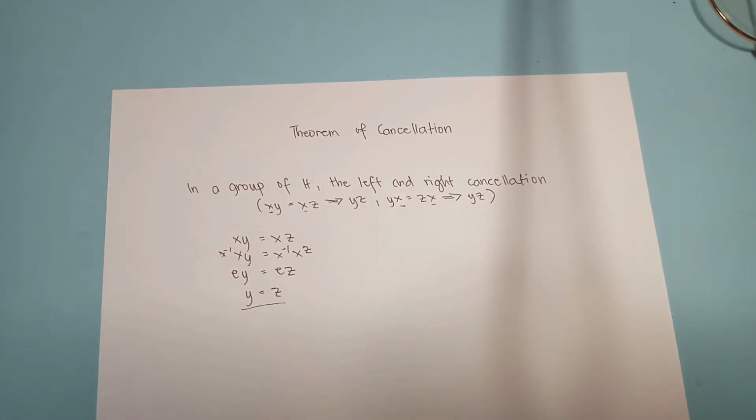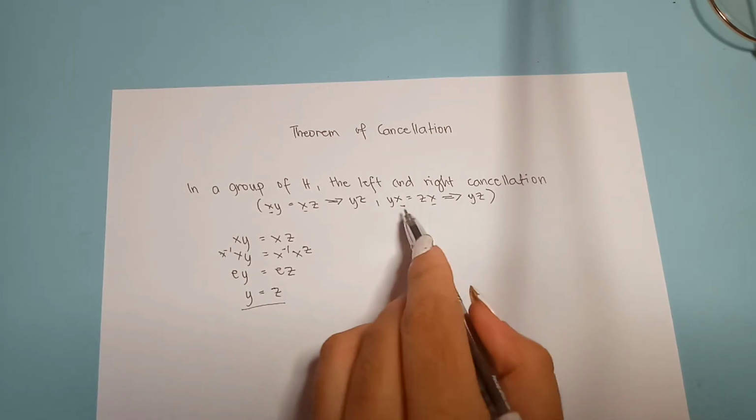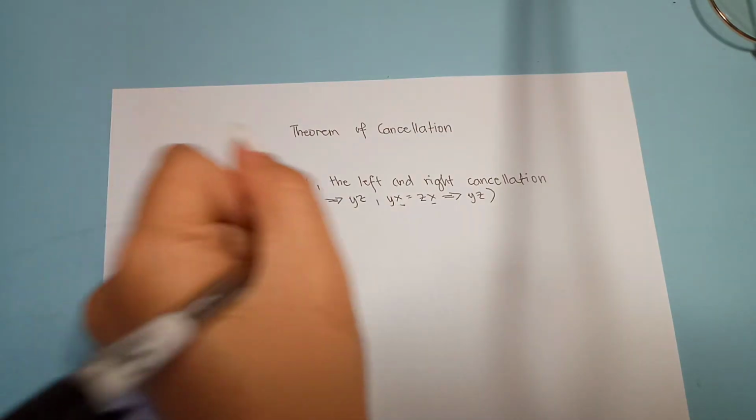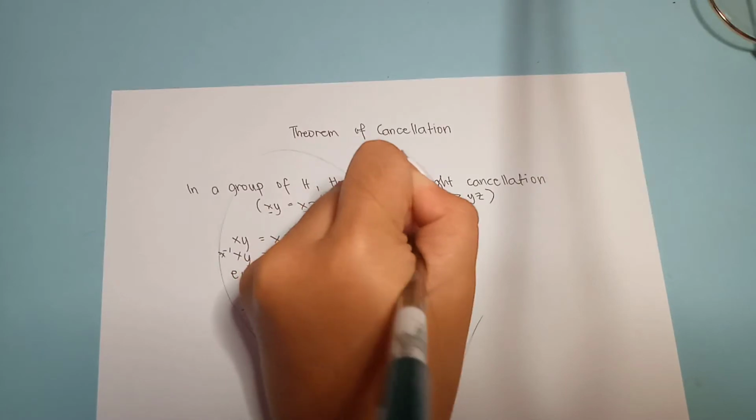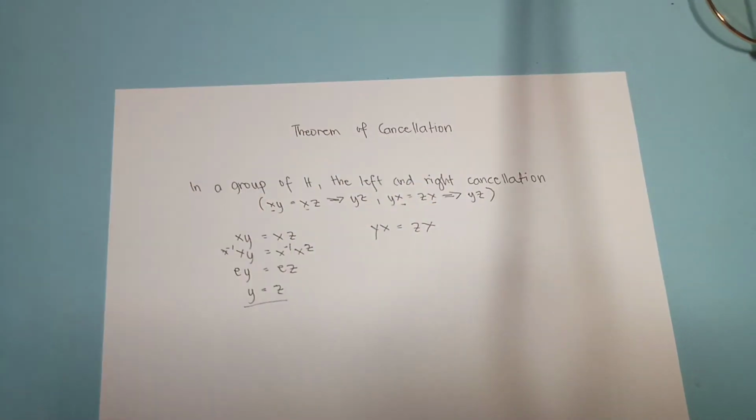In other words, this theorem holds true, and I could do the exact same proof in the inverse order if I have the second one, yx is equal to zx.